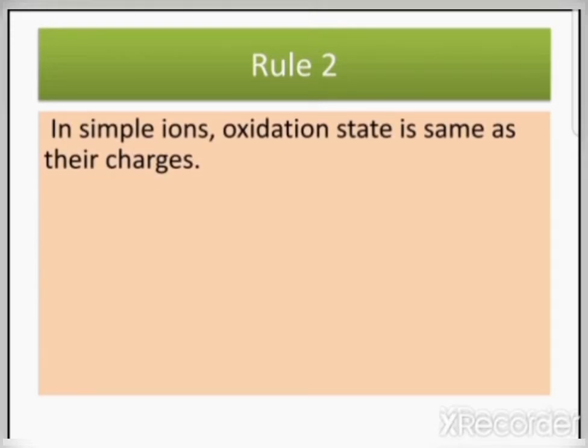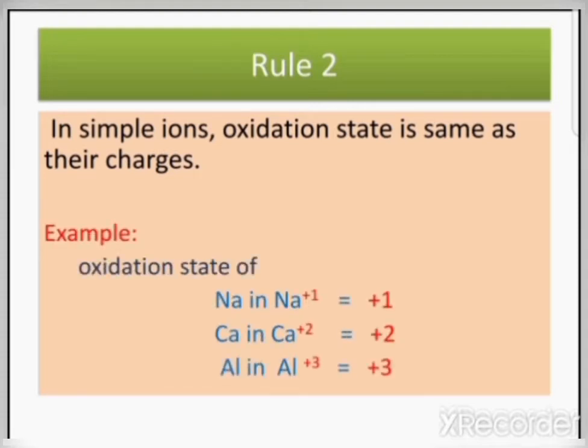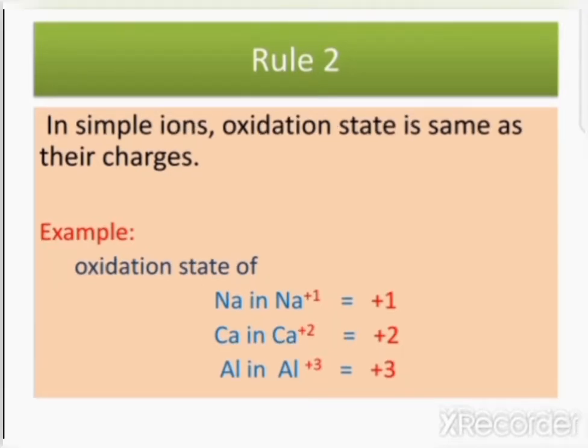In simple ions, oxidation state is same as their charges. For example, oxidation state of sodium in Na+ is +1. The oxidation state of calcium in Ca2+ is +2, whereas the oxidation state of aluminium in Al3+ is taken +3.